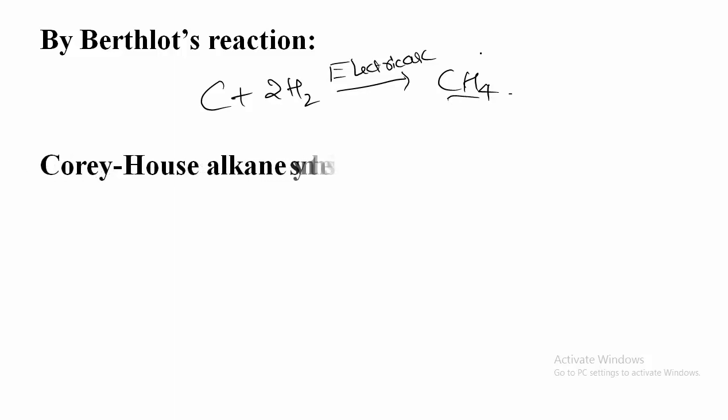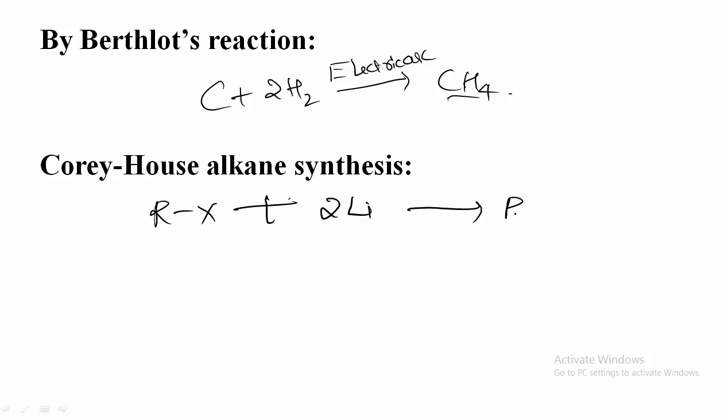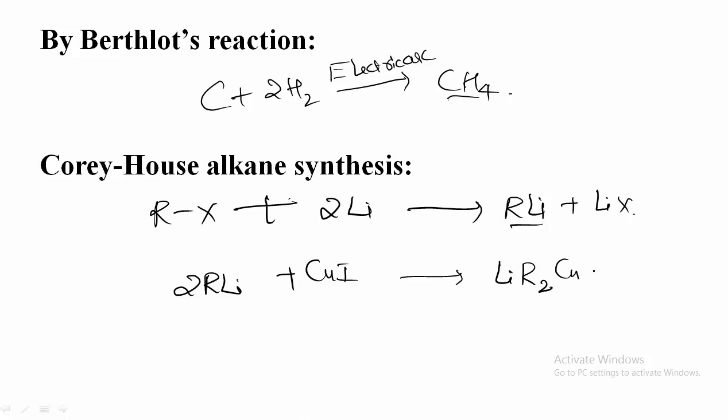And Corey-House alkane synthesis. We will take an alkyl halide and treat it with lithium metal. Then it will give RLi plus LiX, that is alkyl lithium and lithium halide. And this alkyl lithium is further treated with copper iodide to form LiR2Cu plus lithium iodide.